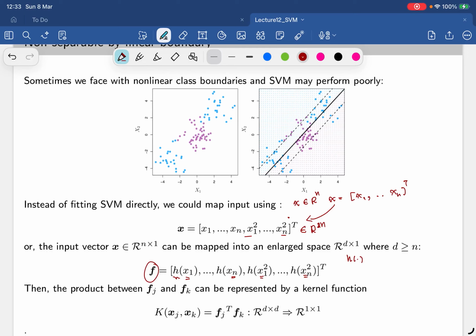So whether it's x or f, we can further map it into a nonlinear dimension by using a kernel function. The way that we use it is as follows. For example, if we have fj and fk, we may map them using a kernel function by plugging them in.